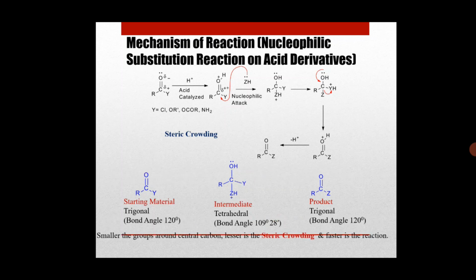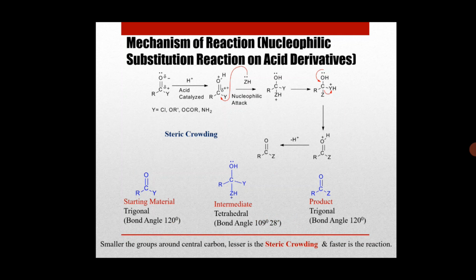Therefore, smaller the groups around the central carbon, lesser is the steric crowding at the intermediate state, and faster will be the reaction.